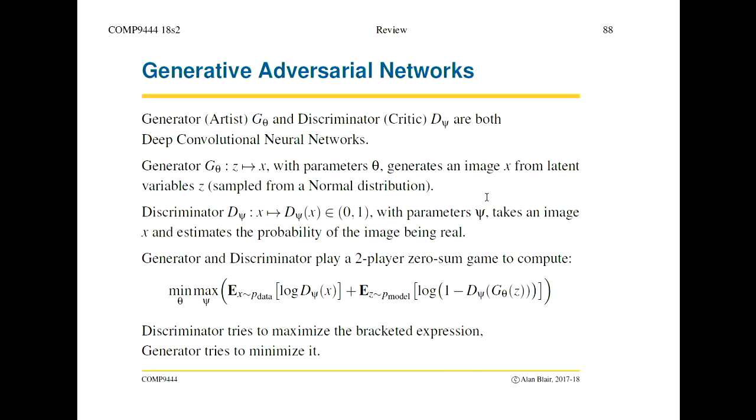So you feed in latent variables, and it produces an image. The discriminator is trained to assign a high value to the real images and a low value to the fake images, and the generator is trying to produce images that the discriminator will assign a high value to. So that becomes this kind of zero-sum game.